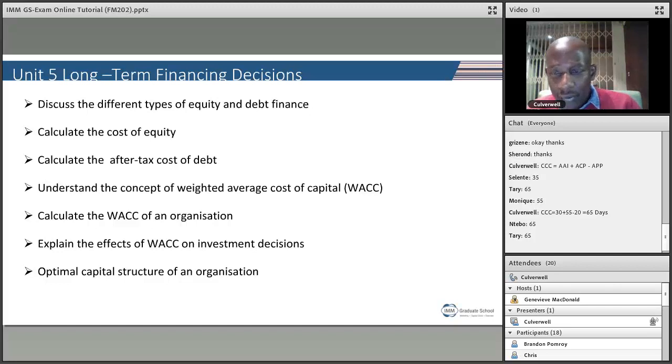So we've got scenarios. If a company is paying dividends that are not growing, you use the dividend valuation model. But if a company is paying dividends and the dividends are growing, you use the dividend growth model. But if a company is not even paying dividends at all, you then use the CAPM.